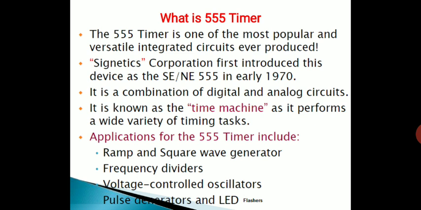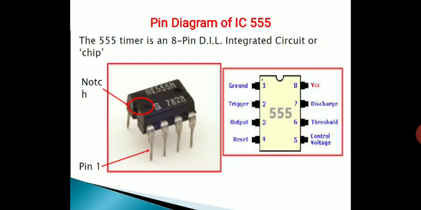It can also be used in VCOs, that is voltage controlled oscillators, in pulse detectors, or in LED flashers. So it is used in a variety of applications because it is a combination of both digital as well as analog circuits. So this is the pin diagram of the IC 555 timer.